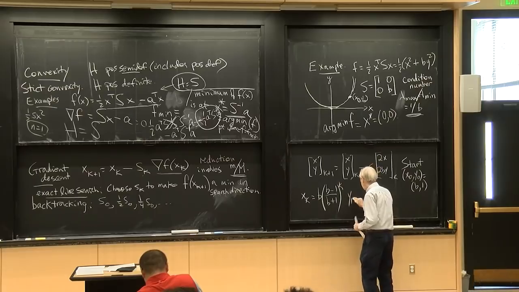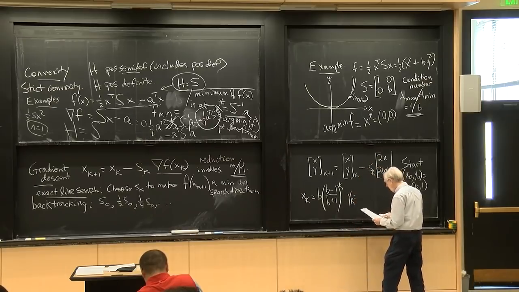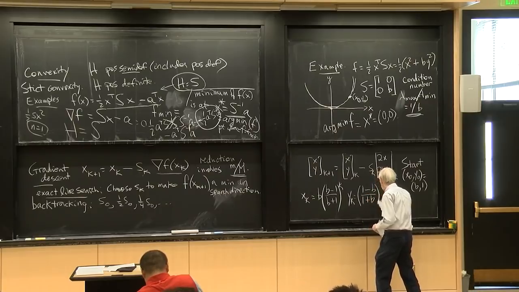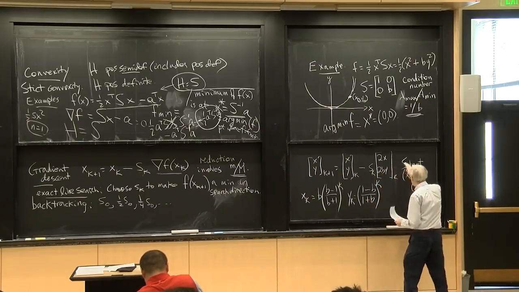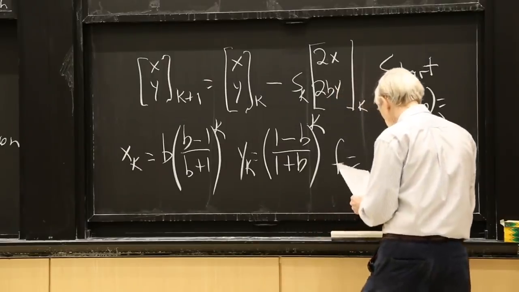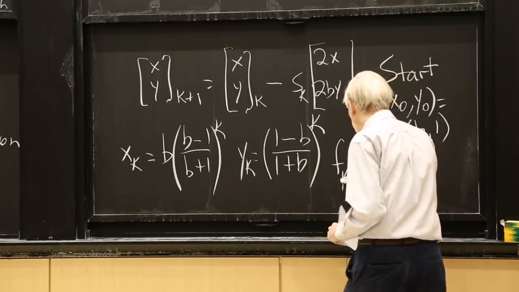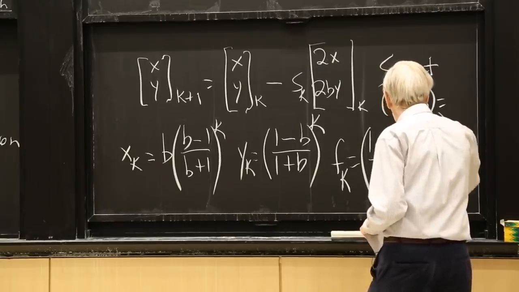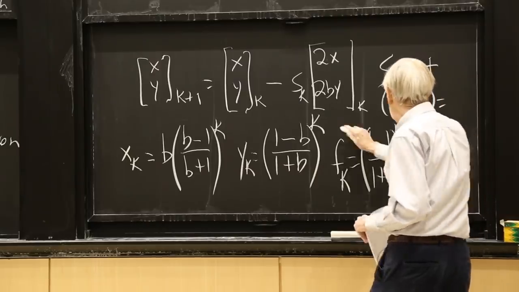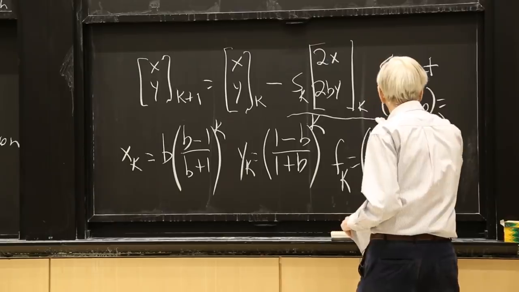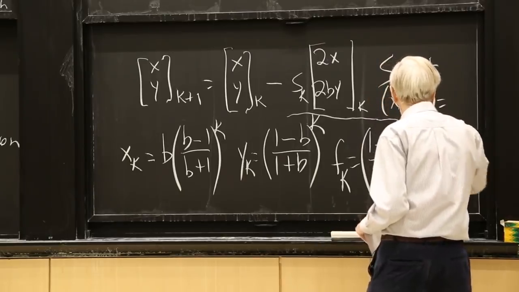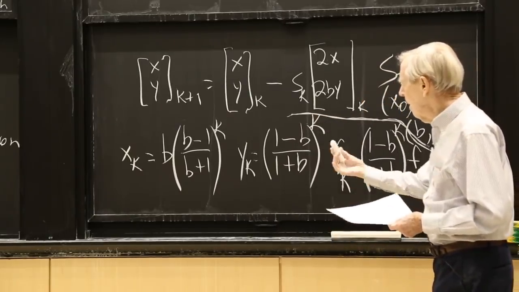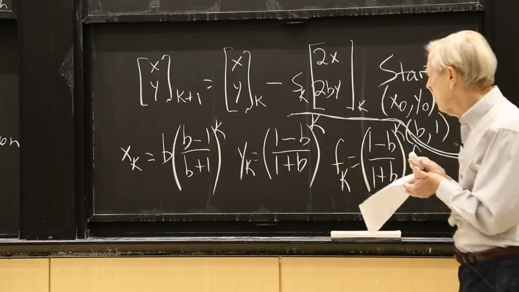And y_k happens to have this same ratio. And my function f has the same ratio too. This is f_k: it has that same ratio, 1 minus b over 1 plus b to the kth times f0. That's the beautiful formula that we're going to take as the best example possible.